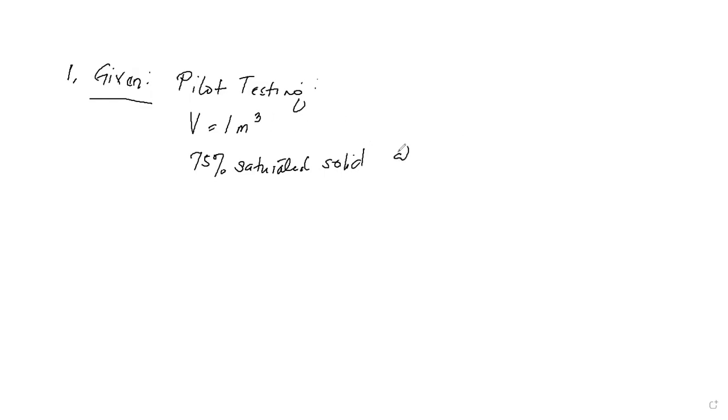So again, I will read the phrase. A solute was leached from an inert solid and the water was 75% saturated in 100 seconds. So it took 100 seconds for the water that was used in leaching out the solute to be 75% saturated.